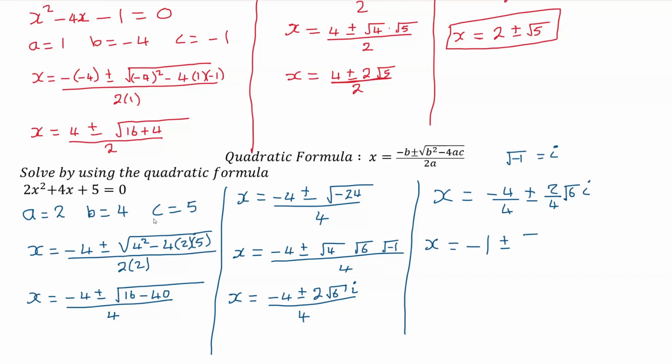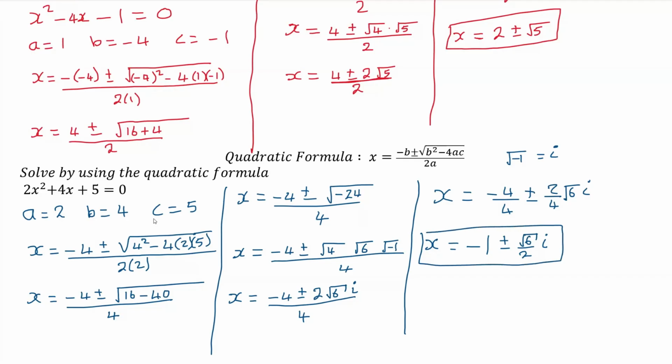So we can actually write this as square root of 6 over 2, and then i. Again, the i is not under the square root. That's very important.